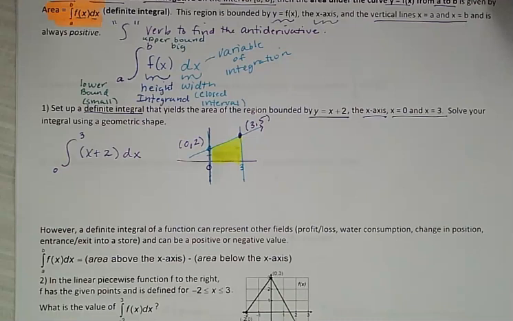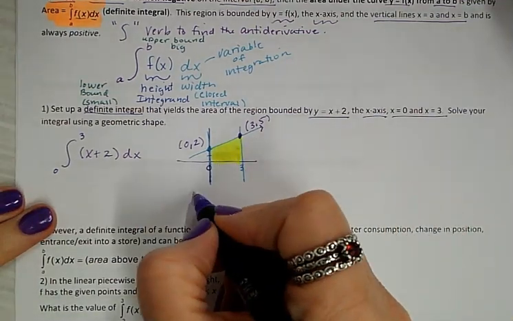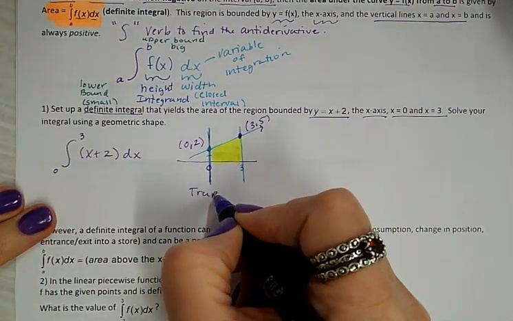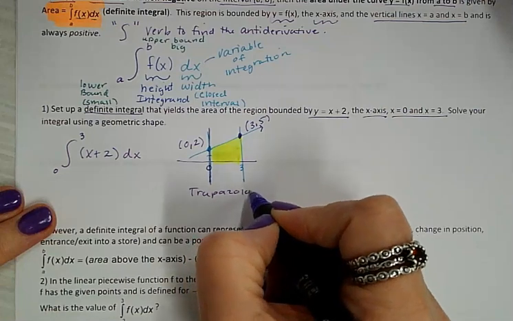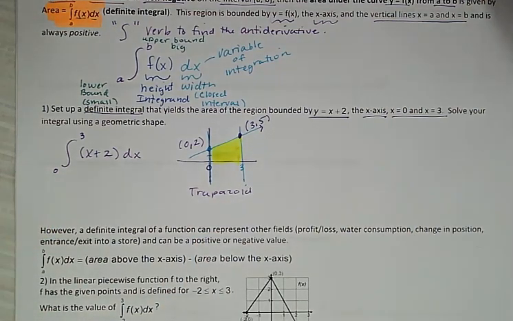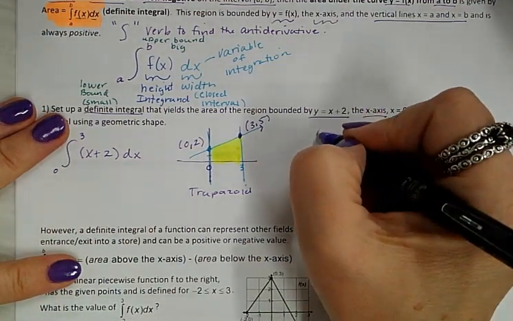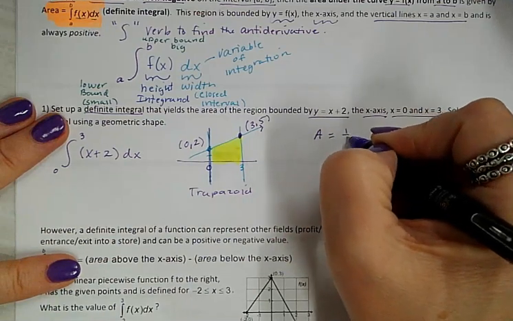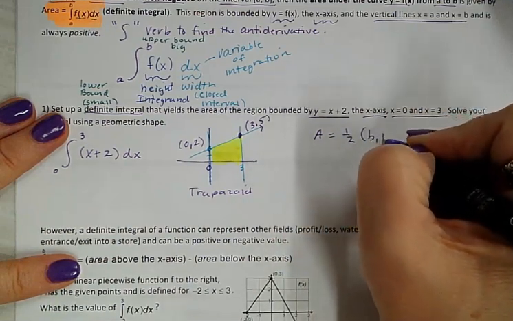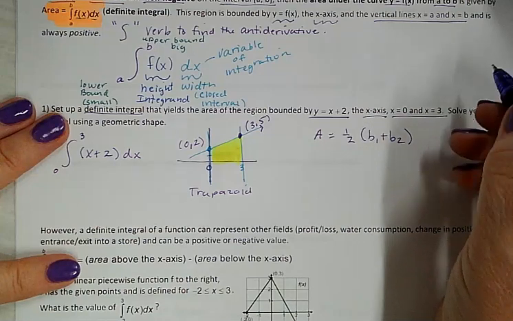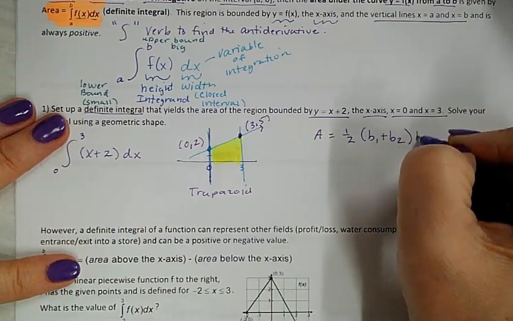So in this case, we don't really need to use a Riemann sum to find the area, because we learned how to find the area of a trapezoid a long time ago. When we find the area of the trapezoid, and remember we did practice the trapezoid rule, we did review the formula, but in case you forgot, area is going to be 1/2 times base 1 plus base 2, times the height.